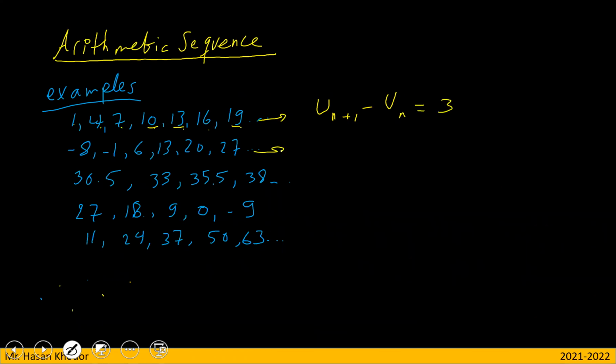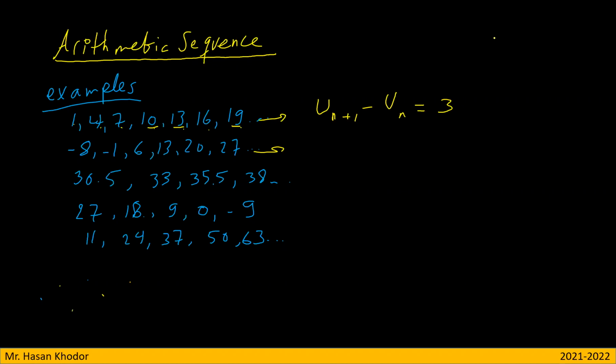Let's think about this one. What can you notice about this sequence? Whatever subtraction we do, the answer will be 7. Exactly. When we subtract any two consecutive terms, the answer will be fixed. We'll get 7.